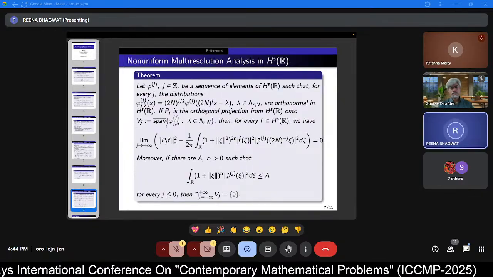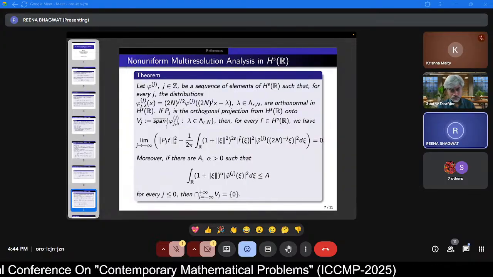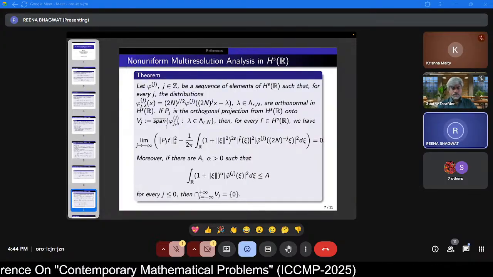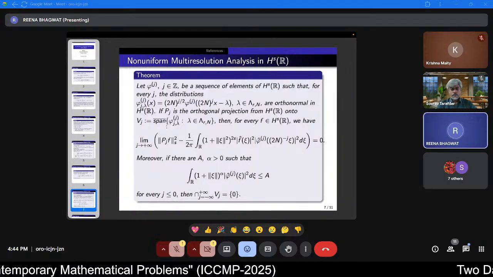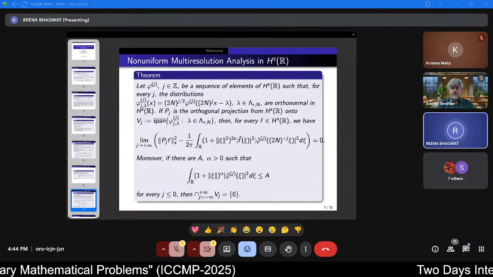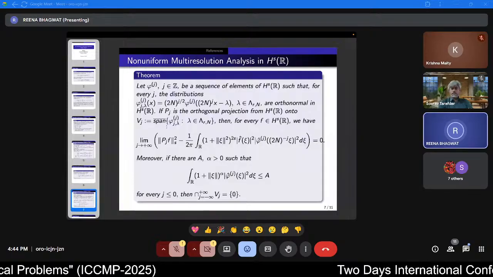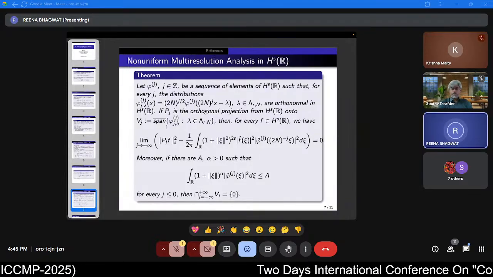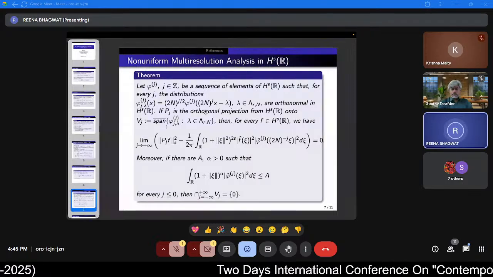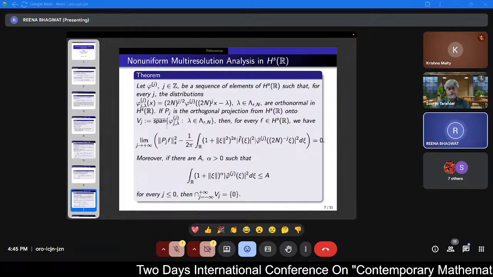Next is the density condition of a non-uniform multi-resolution analysis in the Sobolev space. Let phi j, j in Z, be a sequence of elements in HSR such that for every j, this distribution is orthonormal in the Sobolev space. If Pj is the orthogonal projection from HSR onto the space Vj, then for every f in HSR, we have this condition equal to 0.